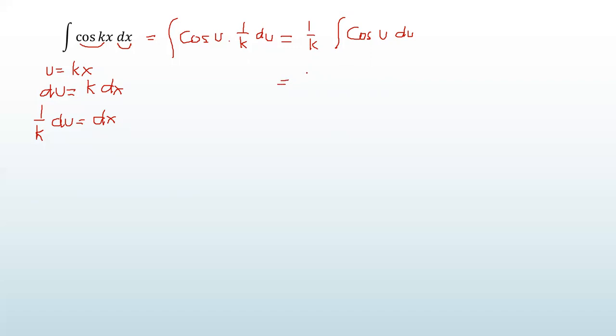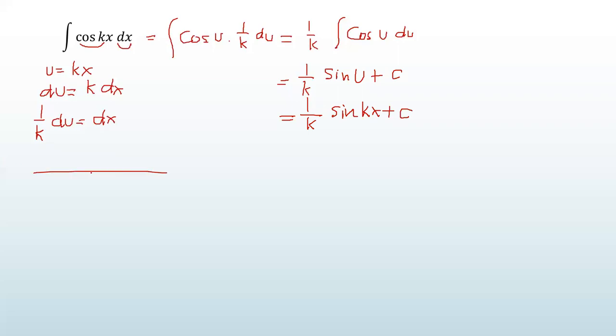So the solution is 1 over k times the integral of cosine u, which equals sine u plus c. It becomes 1 over k sine, recall that u equals kx, so sine kx plus c.